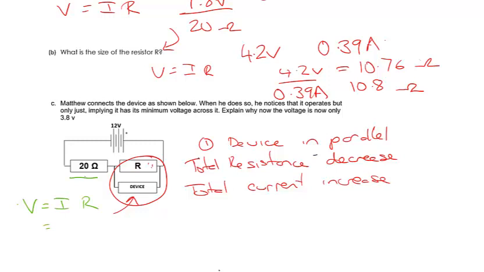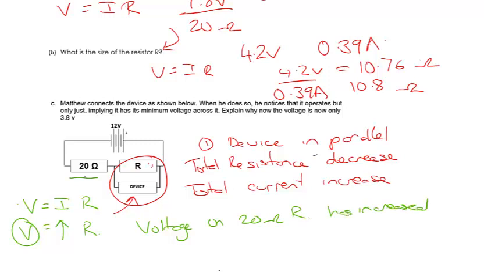Now, if the current has increased and the resistance has stayed the same, that means its voltage has actually increased. So the voltage on the 20 ohm resistor has increased. Now realize that the total voltage stays the same.